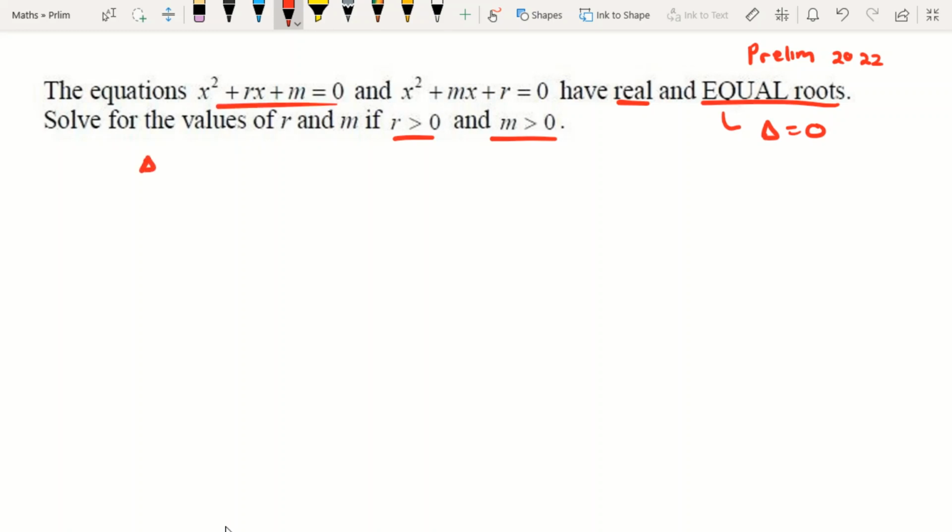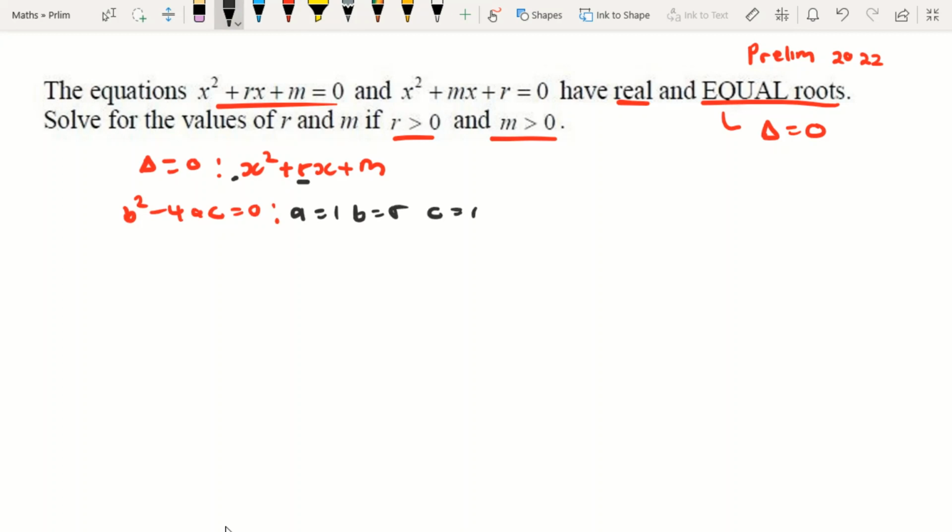So we know the discriminant equals 0 and the equation is x squared plus rx plus m, of which the discriminant is b squared minus 4ac equals 0, and my a value is 1 here, and then my b is r, this one here, and then my c is m.